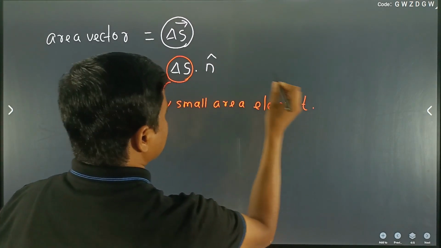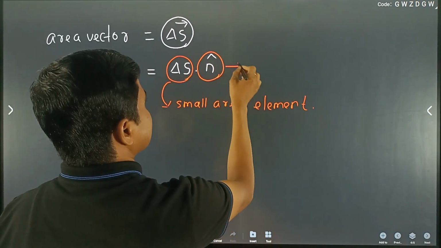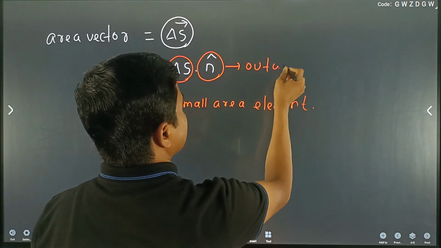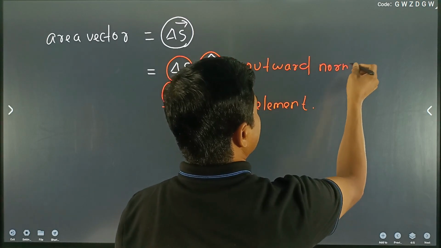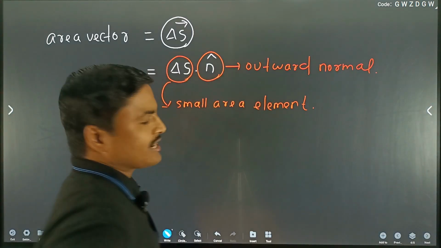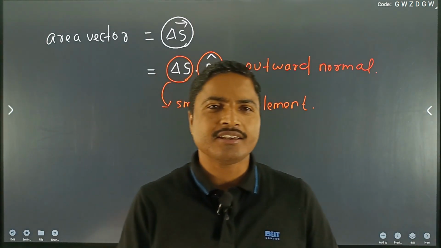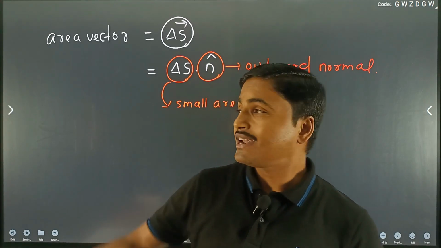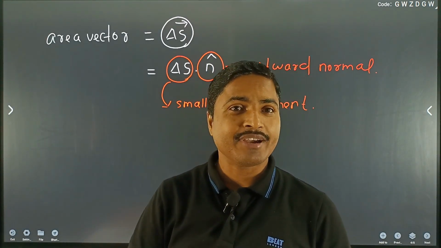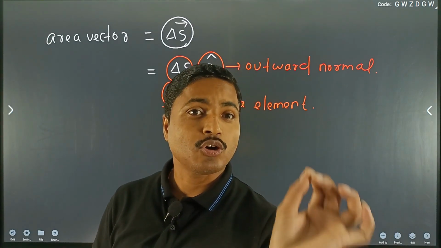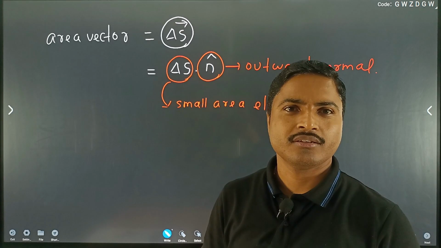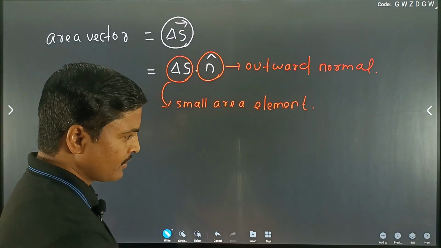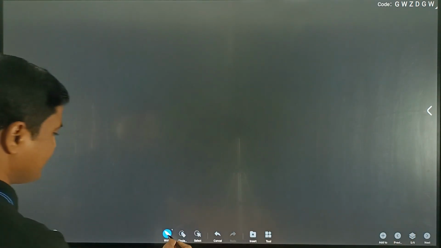Clear? And this n cap is the outward normal. That means area is a scalar quantity and area vector, to represent the orientation of small area element, is a vector quantity. Clear?